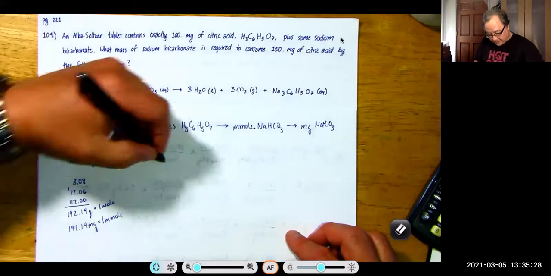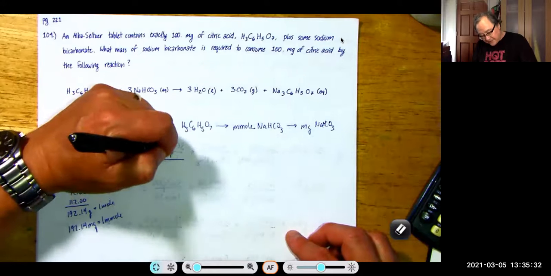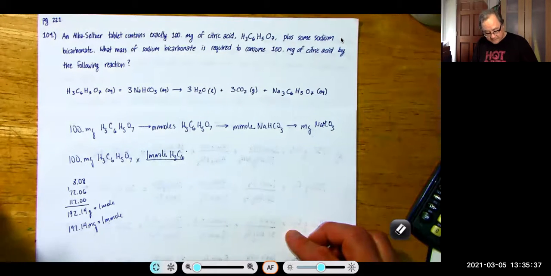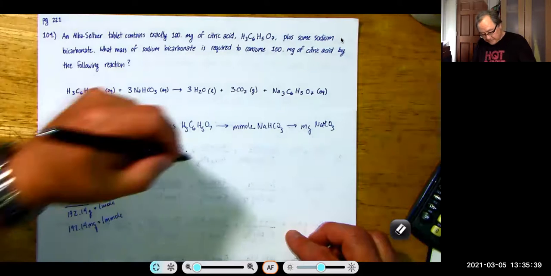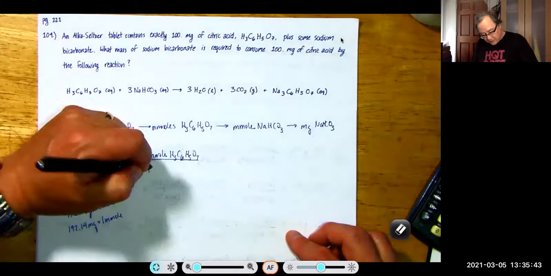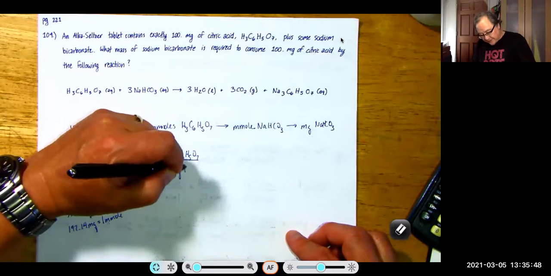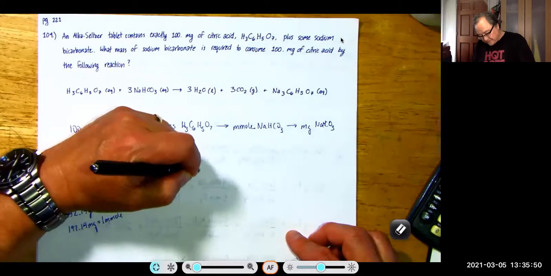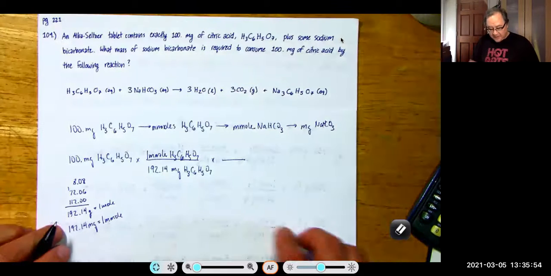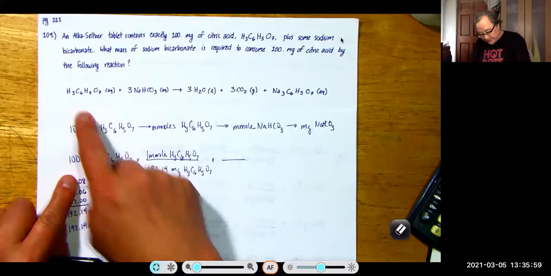So I'm going to multiply this by 1 millimole of citric acid for 192.14 milligrams of citric acid. Okay, now from the balanced reaction, I have 1 millimole of citric acid.